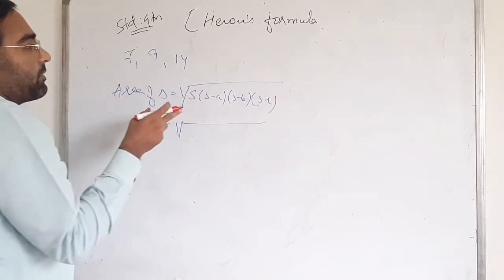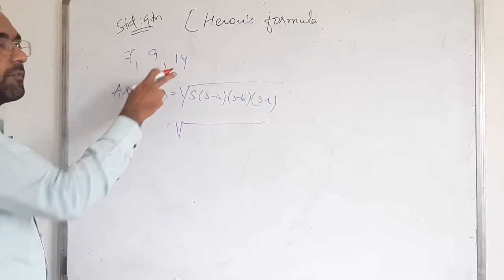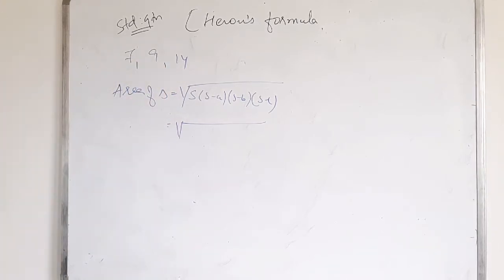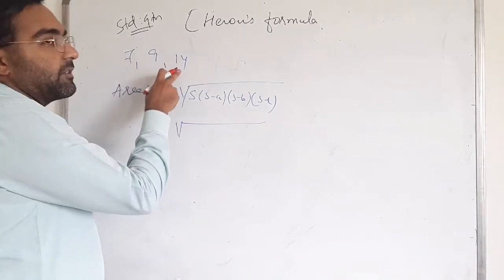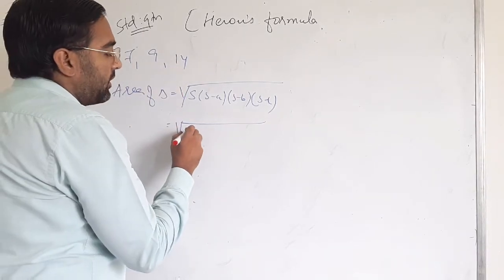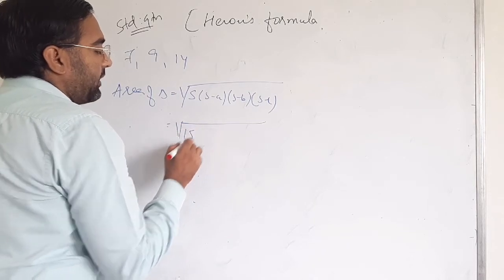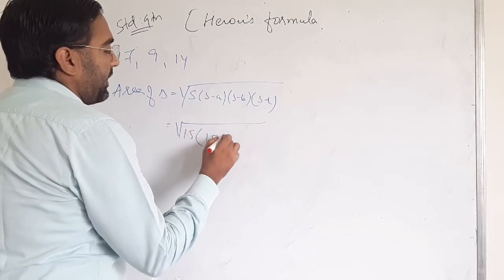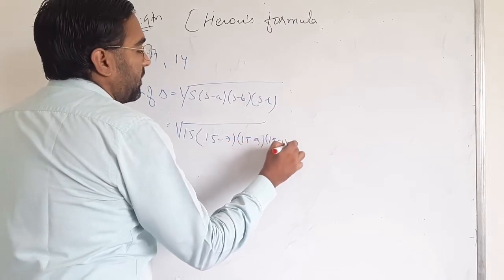First of all, semi perimeter is 7 plus 9 is 16, 16 plus 4 is 20, 20 plus 10 is 30, 30 by 2 is 15. So we will write 15, 15 minus 7, 15 minus 9 and 15 minus 14.